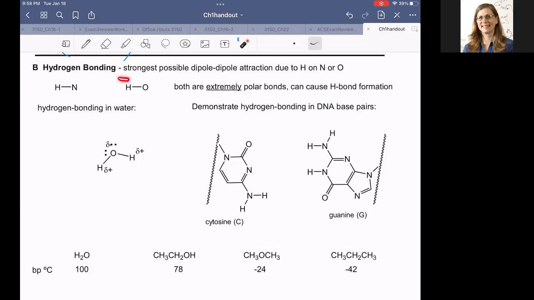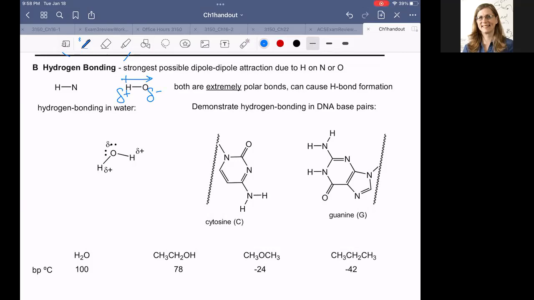So this is a huge polar inductive effect towards the oxygen, electronegative effect towards the oxygen. So it has a huge partial negative on that oxygen, huge partial positive on that hydrogen. The hydrogen atom is so tiny, it really can't put up a fight for those electrons.